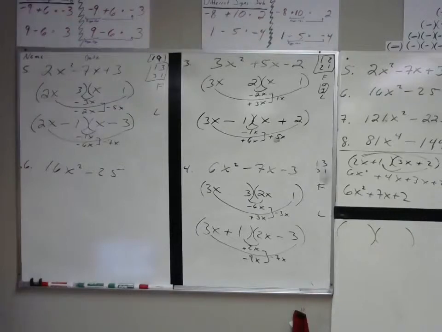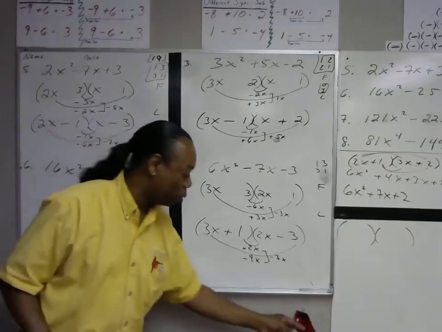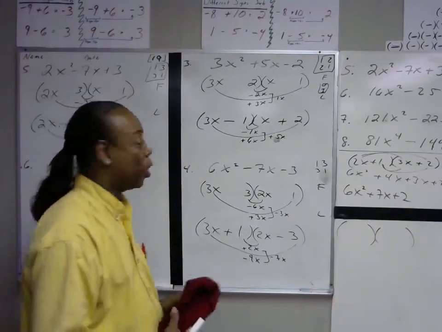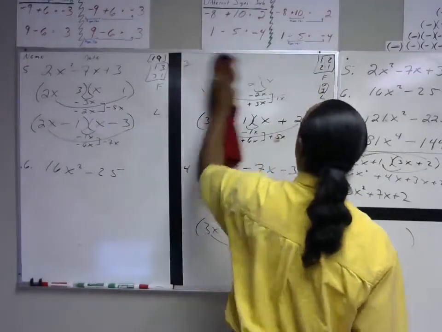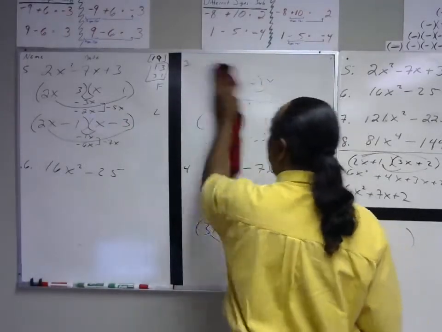Next, these right here are binomials called difference of two squares. I'll explain where they came from and where the name came from.